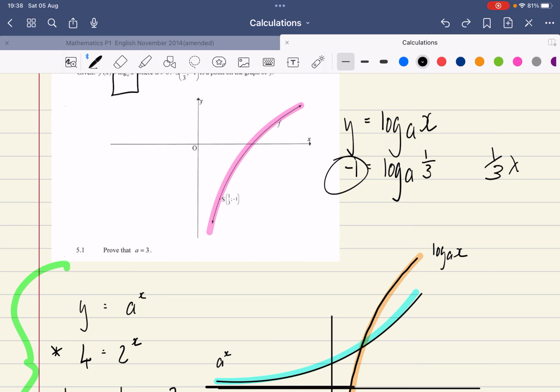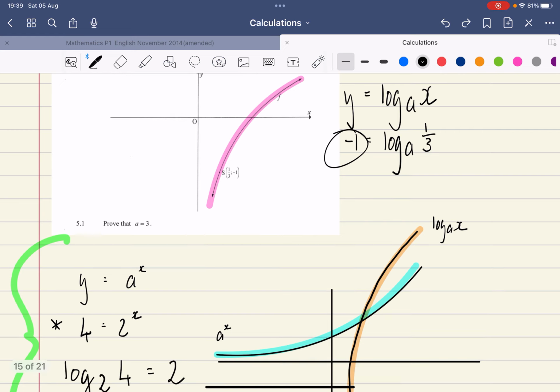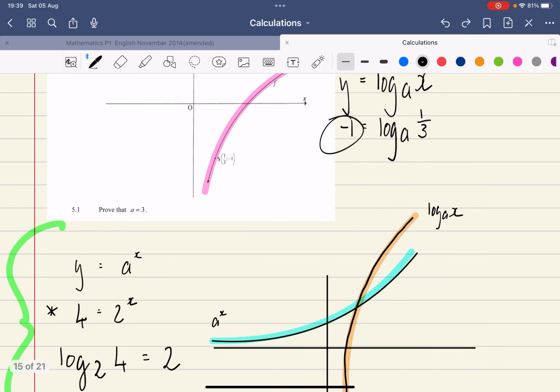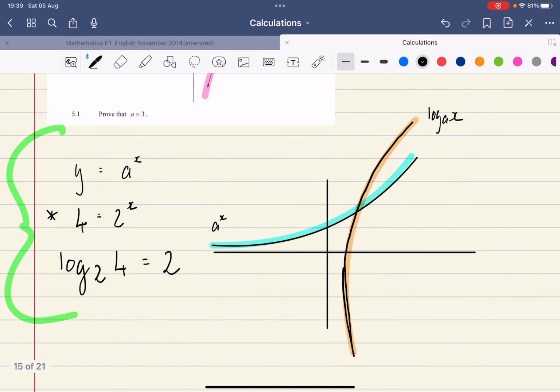That's how you would simplify. But now what on earth do you do with a log? Well, it's the exact same premise. We are doing the reciprocal of log, and that would be an exponential graph. So how can we turn this log graph into its exponential counterpart?